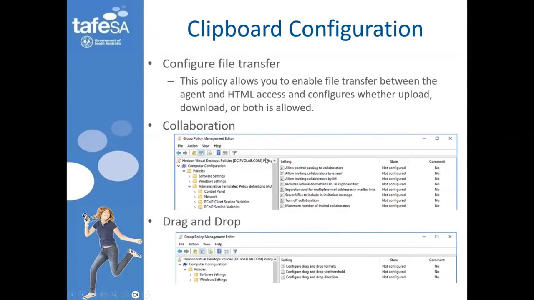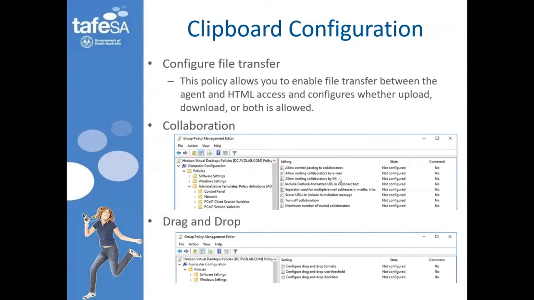Okay. Collaboration. So collaboration is allowing control passing to collaborators. Remember we talked about if we wanted to help troubleshoot the client's problems, we want to see their session, don't we? So that means collaboration, but we're allowing passing collaborators, meaning that we allow control.